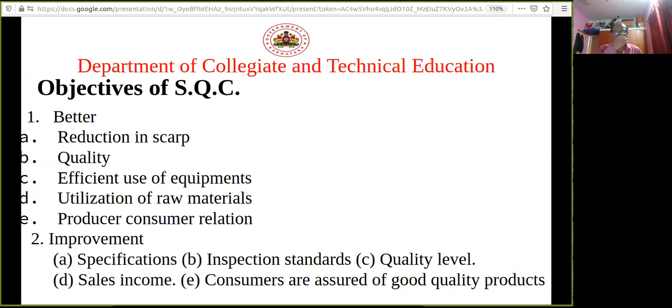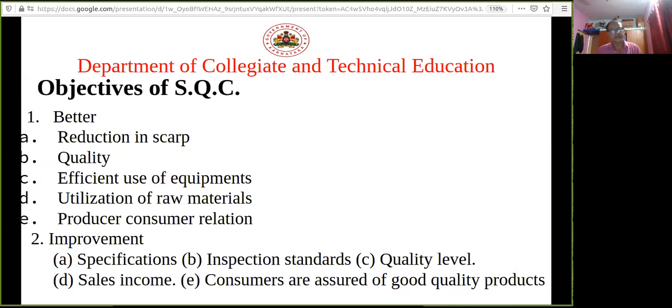So once again, I would like to tell you the objectives of statistical quality control. First, better reductions in the scrap. There is no question of scrap in statistical quality control. So reductions in the scrap, and better quality of the products because of using the statistical quality control tools.